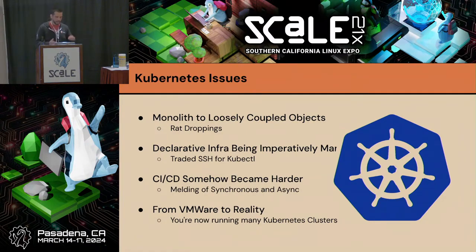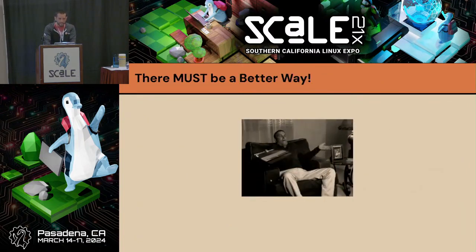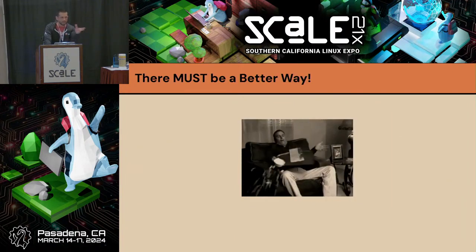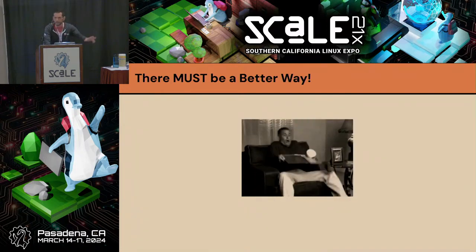So there's a mind shift there as well. So there must be a better way, right? Now we have all these little objects that you need to manage across multiple Kubernetes clusters, across multiple environments.